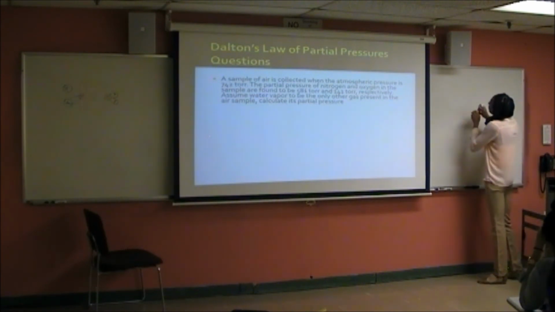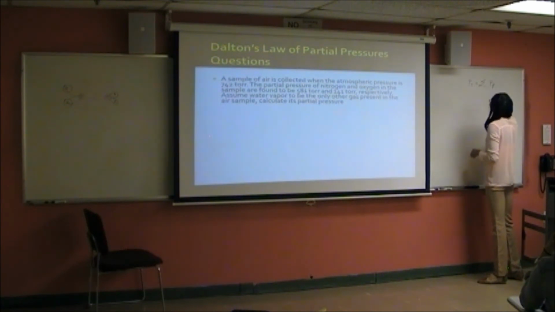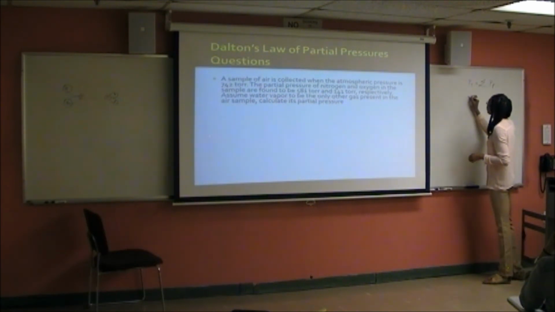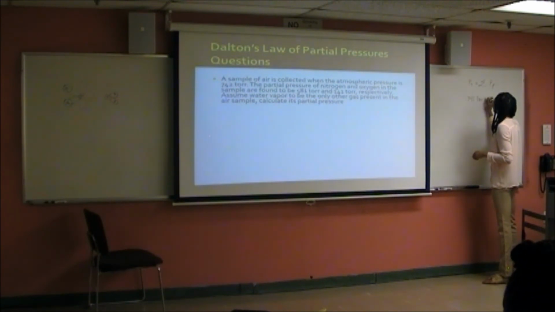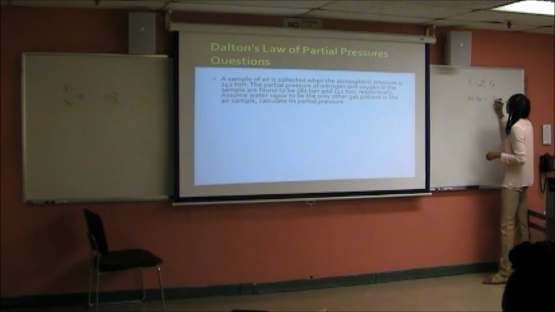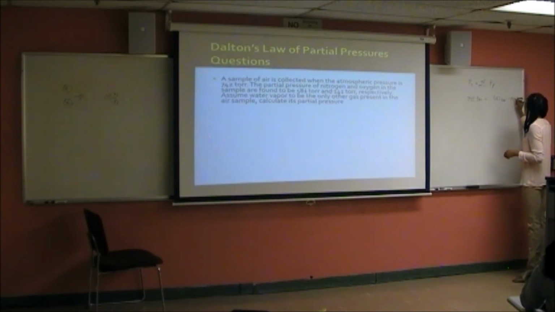So again, remember, total pressure is equal to the sum of your partial pressures. Your total pressure is 742 torr. Your partial pressures are 581 torr, 141 torr, and whatever your partial pressure of water is.